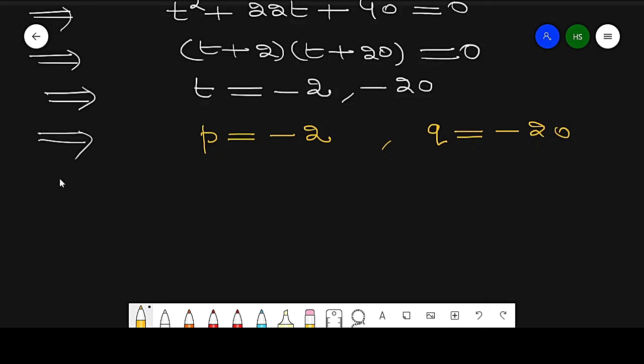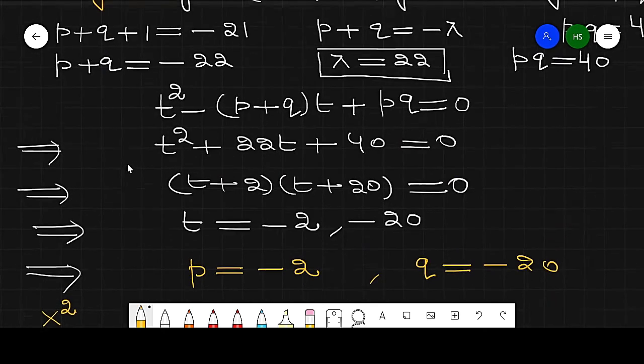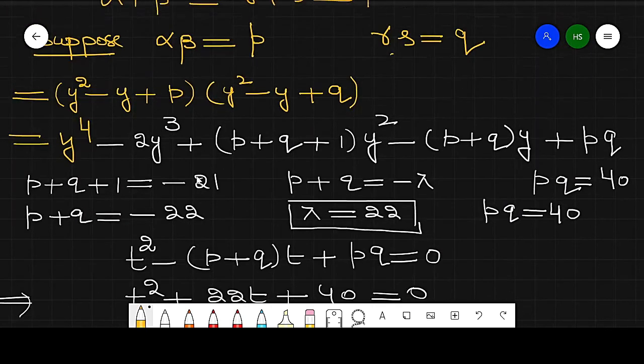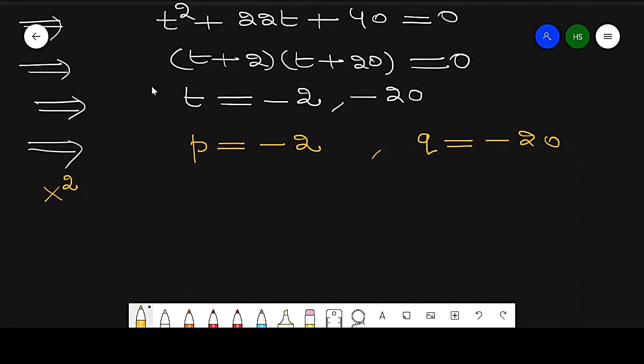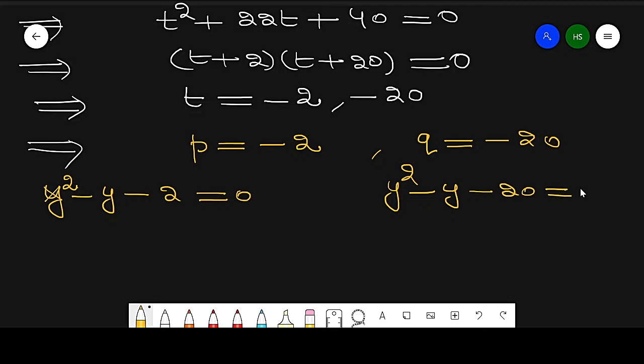So we get two quadratic equations. One is y square minus y plus p, so y square minus y minus 2 equal to 0. Second is y square minus y plus q, minus 20, equal to 0.